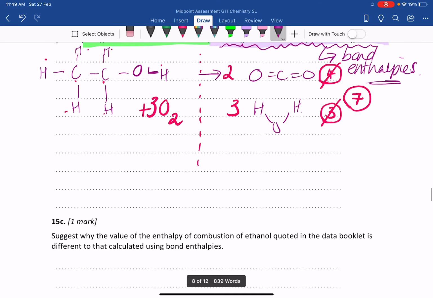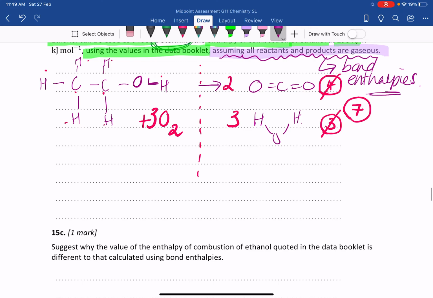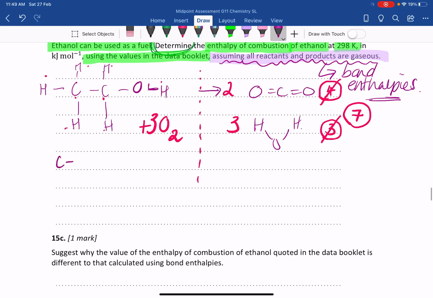Then we have to look at what bonds are made and what bonds are broken. I've got carbon-hydrogen bonds, a carbon-carbon bond, a carbon-oxygen bond, and an oxygen-hydrogen bond.